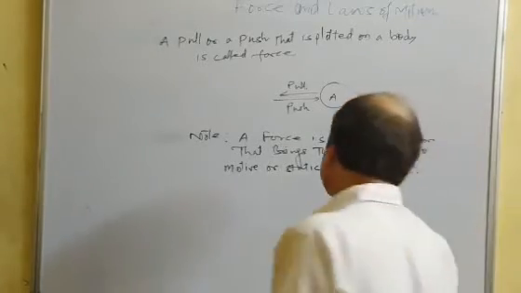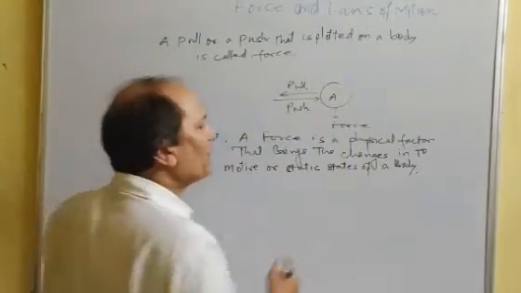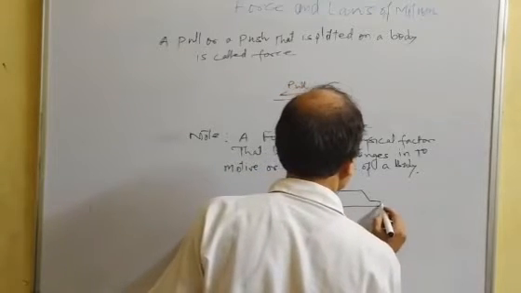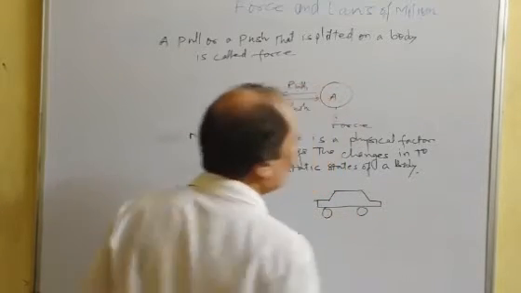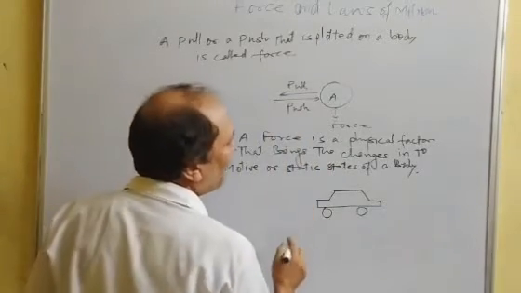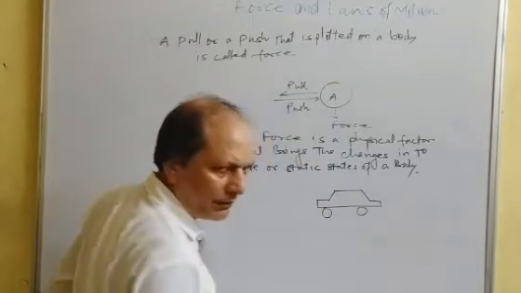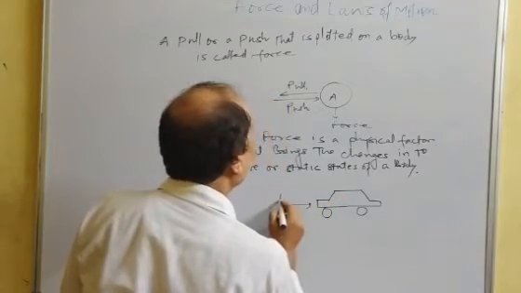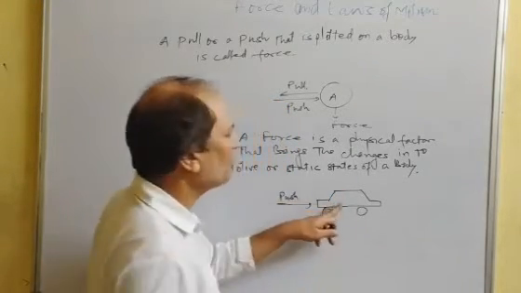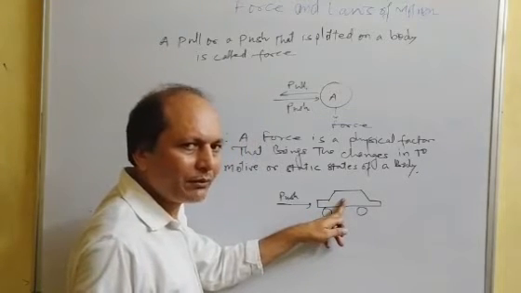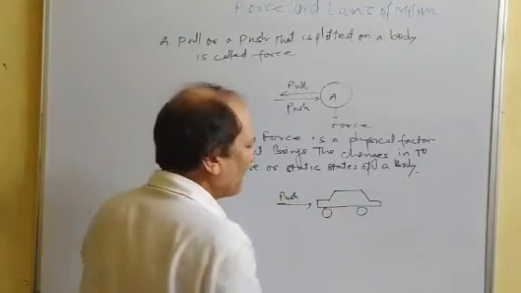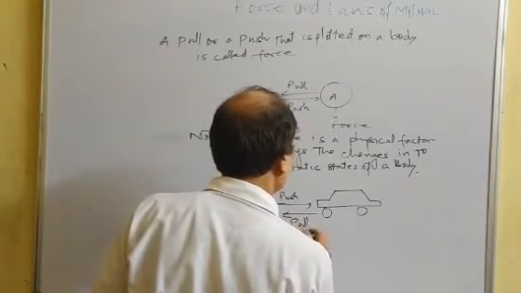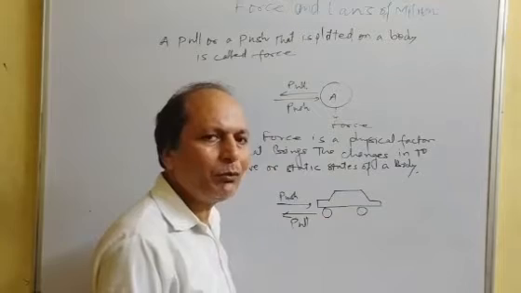How does it happen? See this. Suppose here is a car, and suppose the car is stationary. If you apply a push, the car will come in motion. Otherwise, if you apply a pull, that time also the car will come in motion.